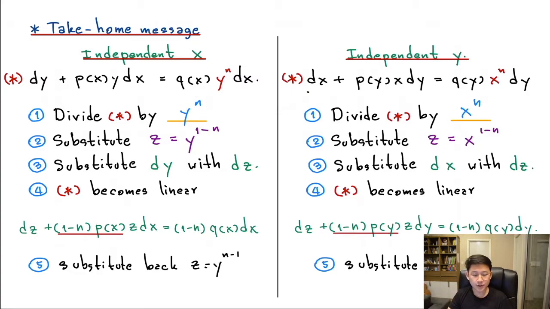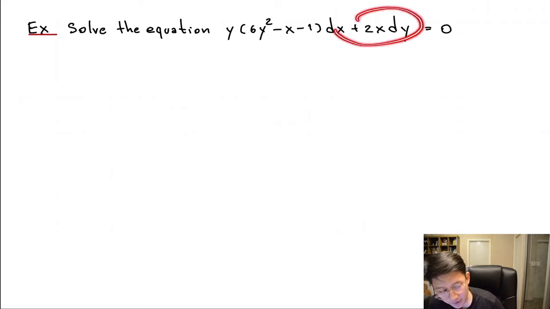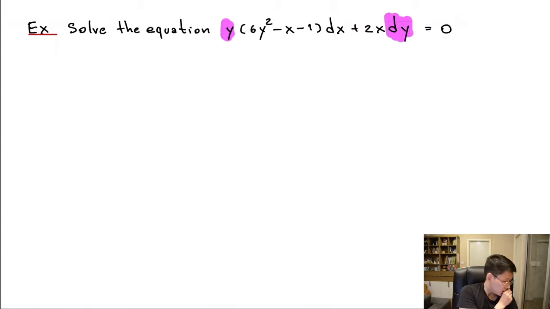Okay, so let's look at this example here. First, I will move this up here, because I look here, guys, I have dy, right? And then I have y dx.